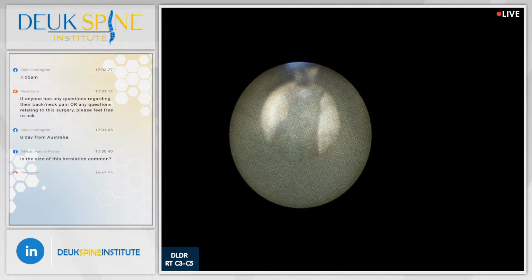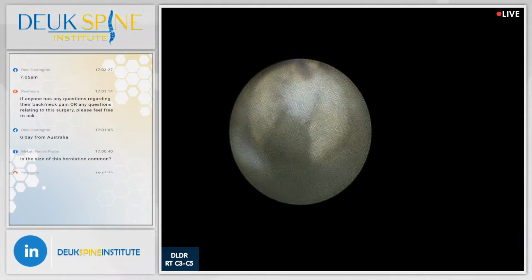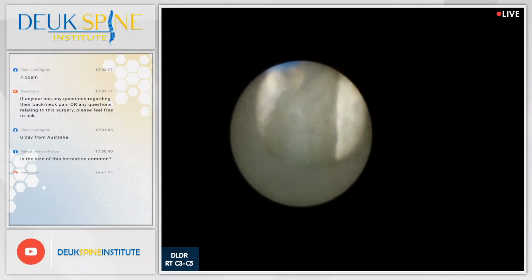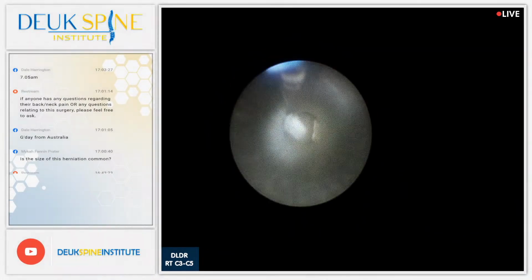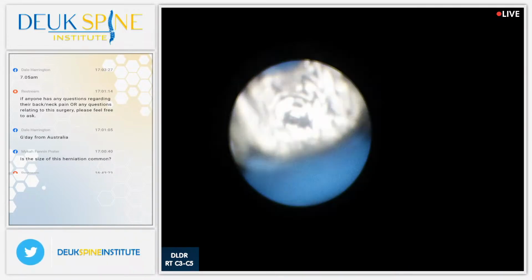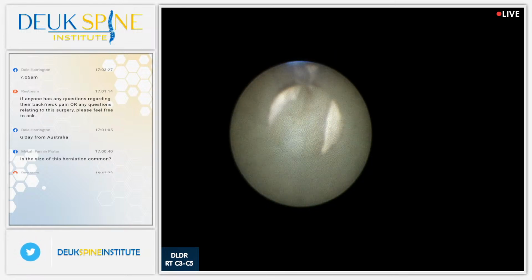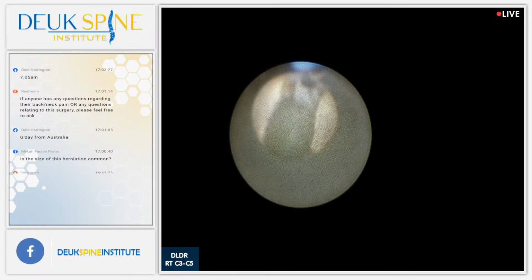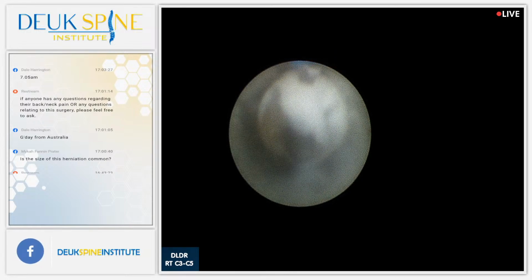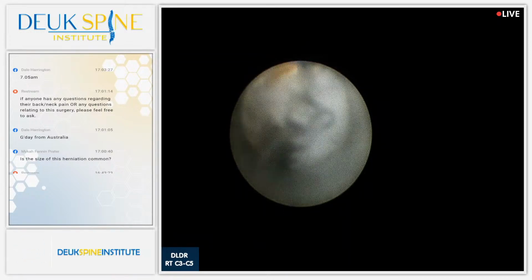So my goal is at least 50%. I know if I can get 50% of that herniation out, that my patient's going to feel good. They're not going to have symptoms. Now, of course, I try to get 100, but I already know I'm not going to get 100. So I'm not delusional.